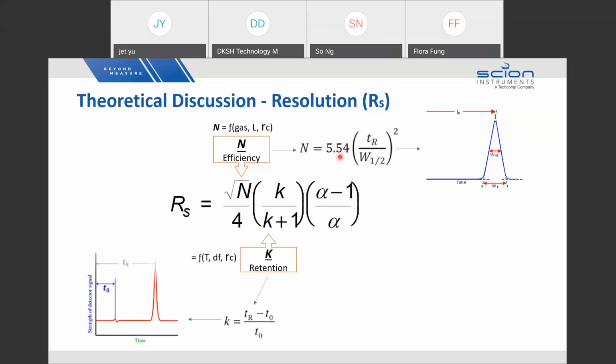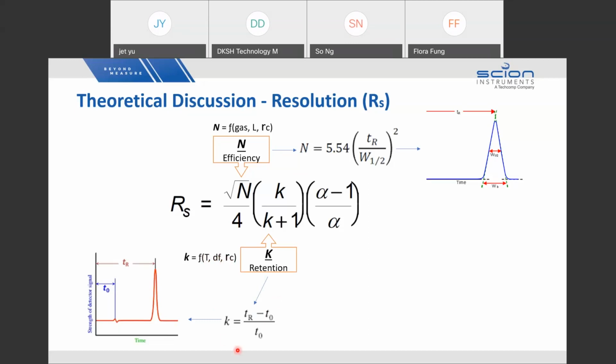So next one is k. k is basically the retention factor. This is more about the stationary phase: how strong the retention is for the analyte inside the column. It is a matter of temperature, T for temperature. df is the film thickness. rc means the radius of the column.